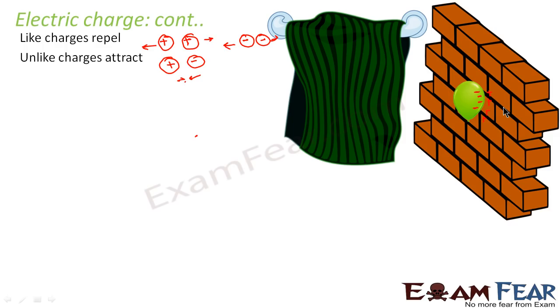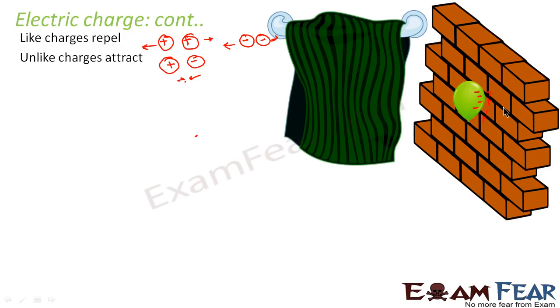So what happened here? Basically, when the balloon was rubbed on the cloth, electrons came from the cloth to the balloon, right? The electrons which were not so tightly bound to the cloth came and entered the balloon. So the balloon got extra electrons, it became negatively charged. This negatively charged object was taken near an uncharged object. That uncharged object was the wall. So what happened? The balloon pushed the negative electrons inside, because similar charges repel each other.